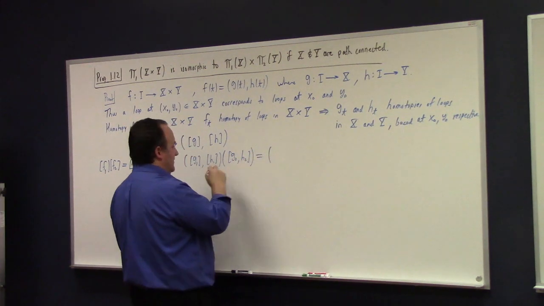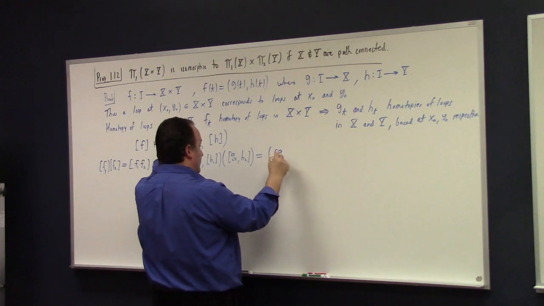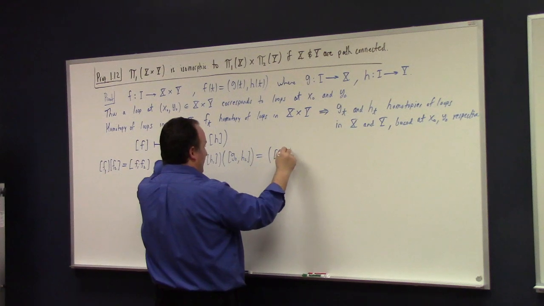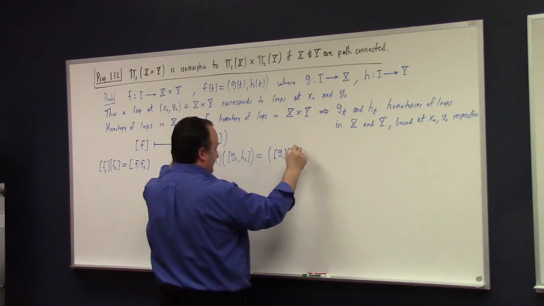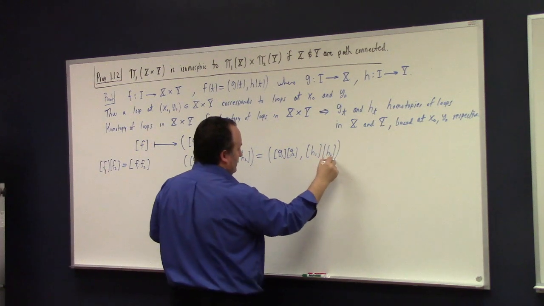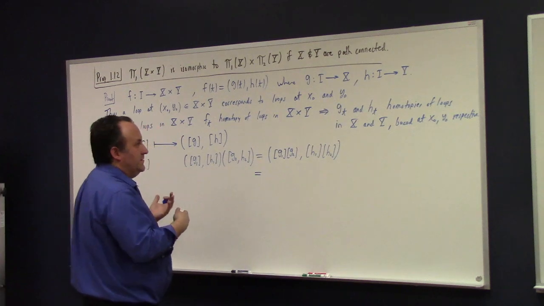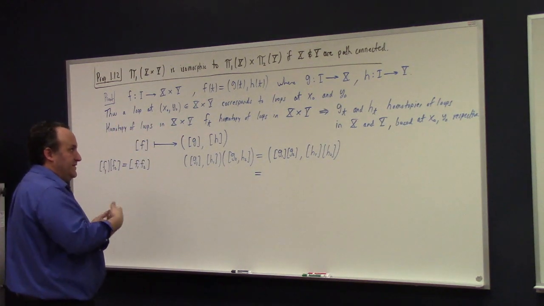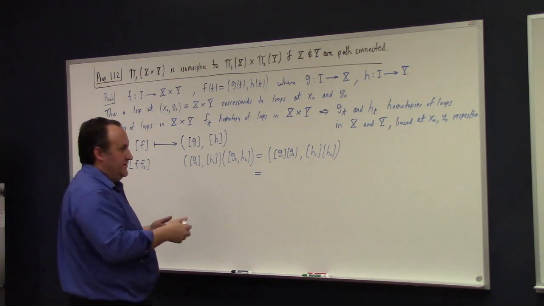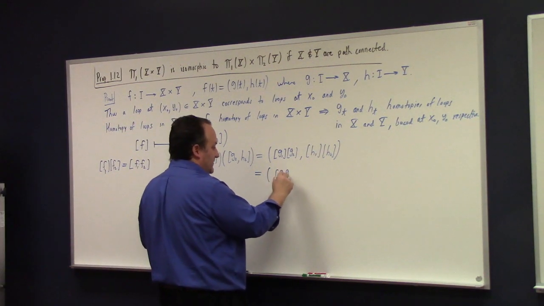Well, by definition of the direct product of two groups, we just multiply element-wise. Which then, by the definition that we talked about last time, the group operation in the fundamental group is just the equivalence class of the join of the two paths, G1, G2, right?